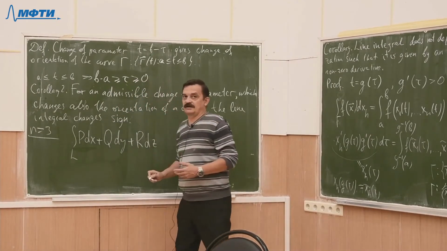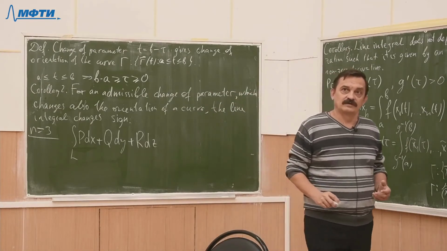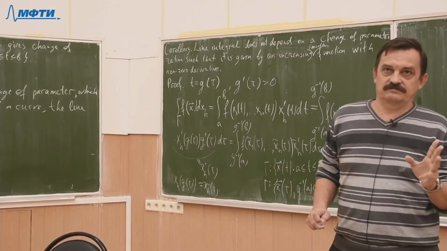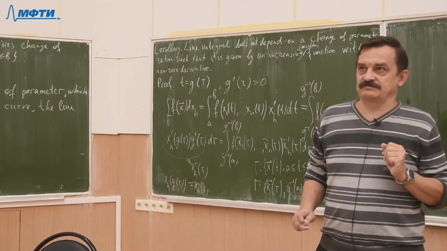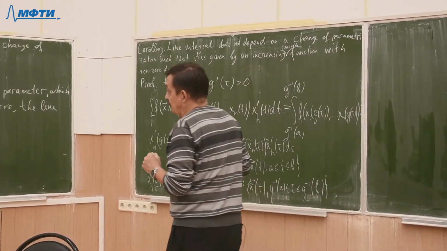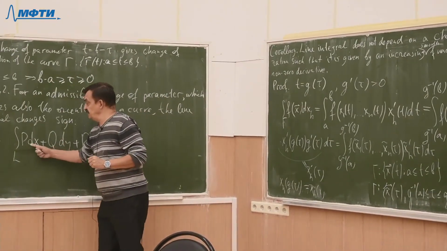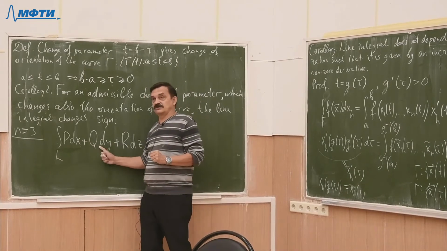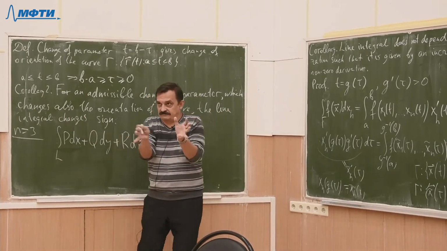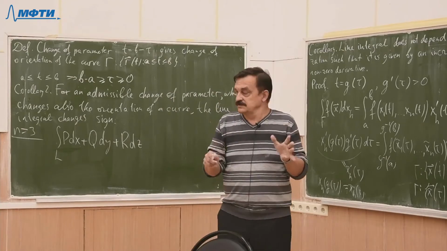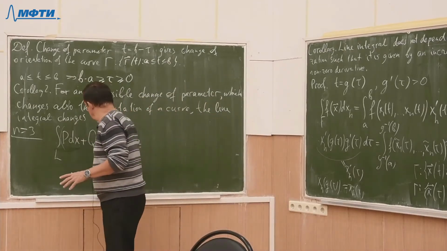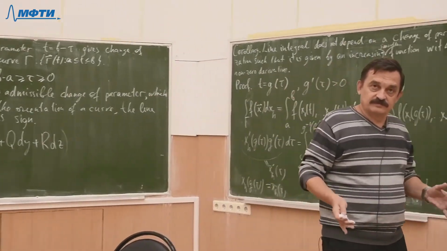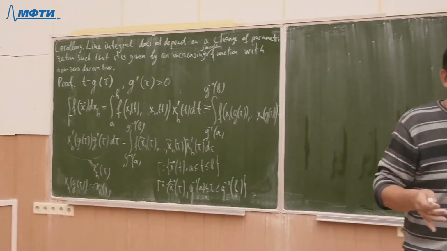A line integral like that. So we have 3 functions simultaneously, p, q, r. And we consider simultaneously 3 integrals. And instead of writing 3 integrals separately, we write them together in one integral. So that is just one integral, but usually brackets are omitted. So they are supposed, of course.